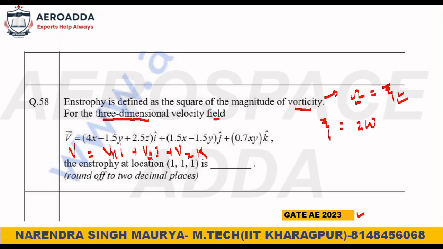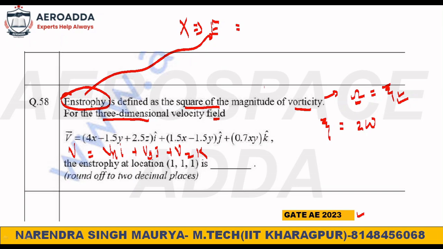The entropy at the located point 1, 1, 1, they have given the point also. So such type of problem you have to go with the traditional method. Traditional method in the sense you see the formula. What is the formula for the vorticity? Because they are asking the entropy, and entropy is nothing but square of it. This is the entropy, or you just say it is E, the first letter I have taken for entropy.